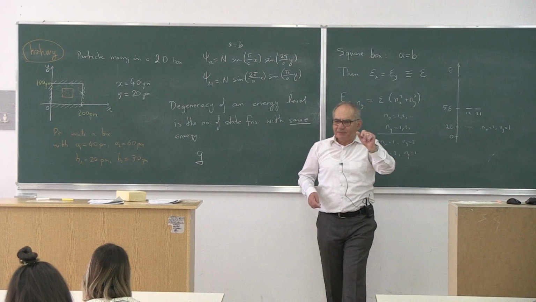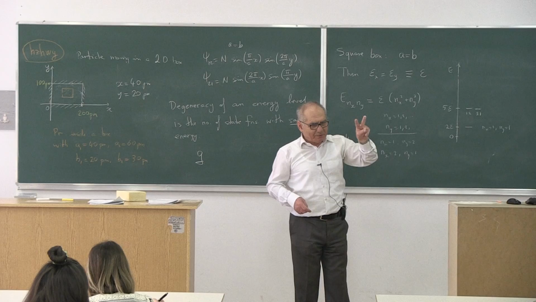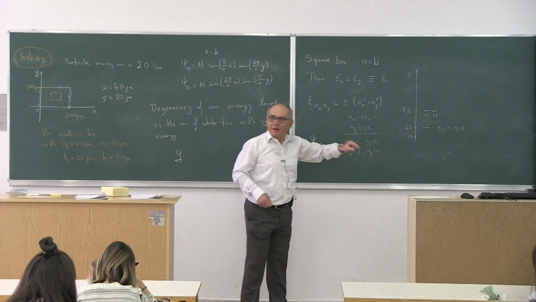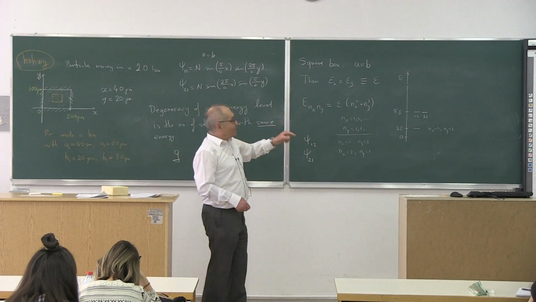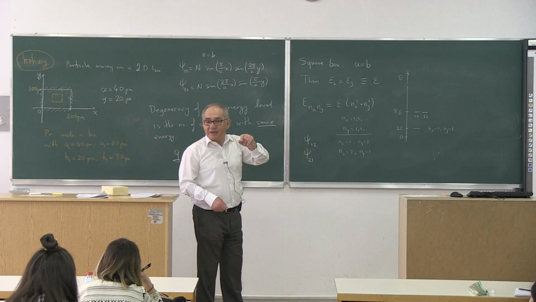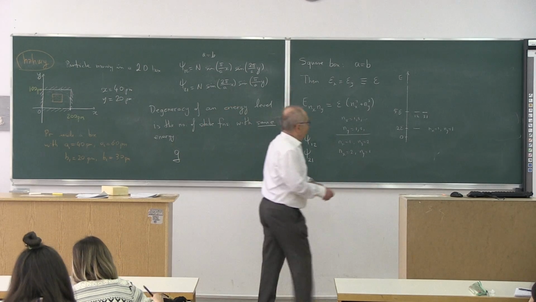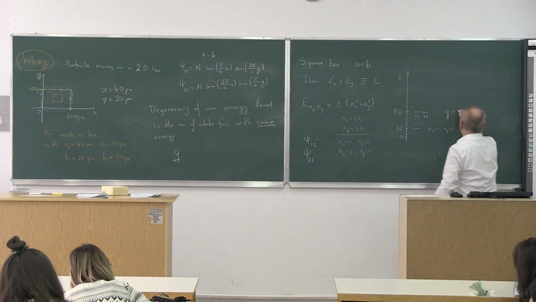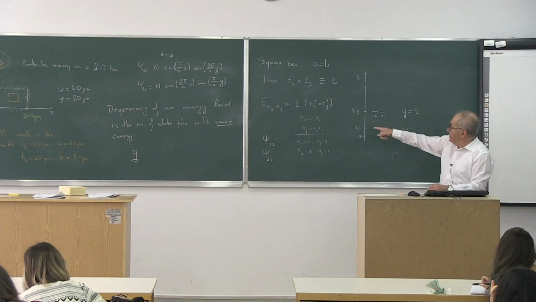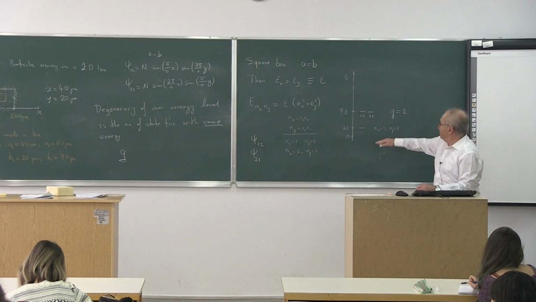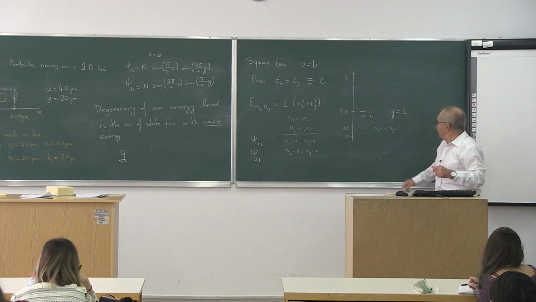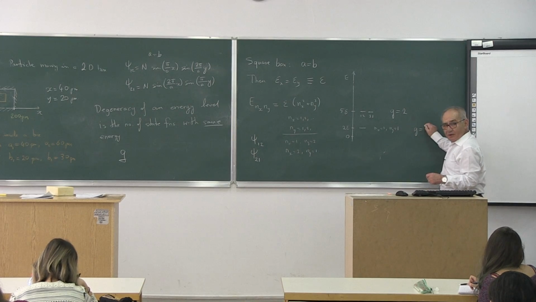No. For 5 Fs, only 2 possibilities. One is nx 1, ny 2, the other is nx 2, ny 1. So, how many state functions do we have with the same energy? 2. We say that degeneracy is 2. For the ground level, is it possible to obtain a different selection to get 2 Fs? No, there is only one possibility, right? Therefore, the ground state has g equals 1.